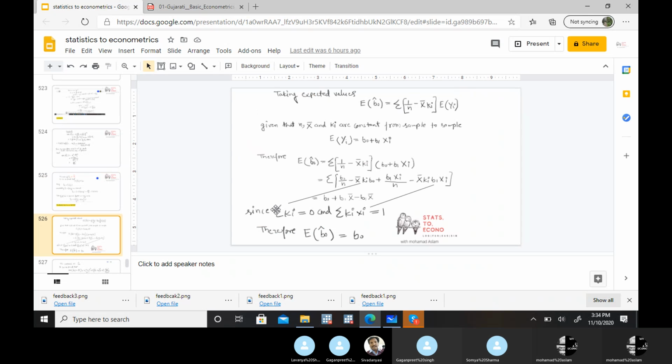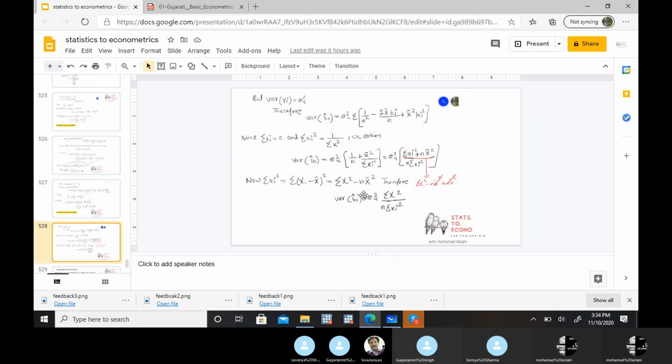Even for beta 0 hat, here again in the variance we have used sigma u square, and we are saying that the variance of yi is sigma u square. But is the sample variance of residual equal to the population variance? No.